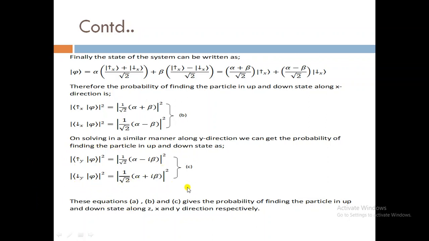So these three equations collectively give the probability of finding the spin up and spin down state in any direction, which is the so-called Born rule, right? Okay, at last, equations a, b and c give the probability of finding the particle in the up and down state along the z, x and y directions respectively, which completes our today's discussion, okay.